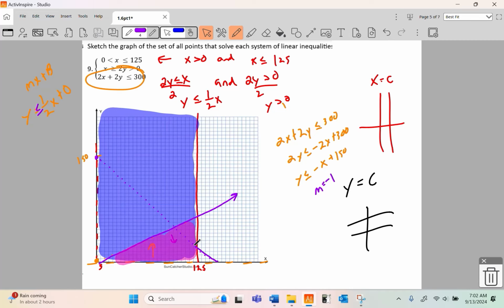It should be crossing right there. And it is a less than or equal to, it's saying shade beneath me.